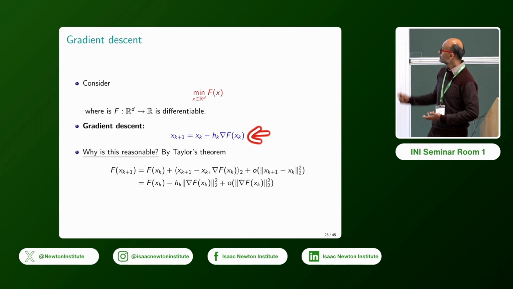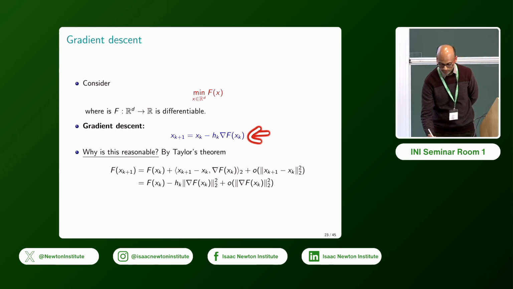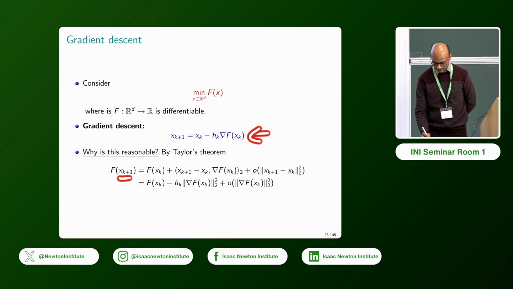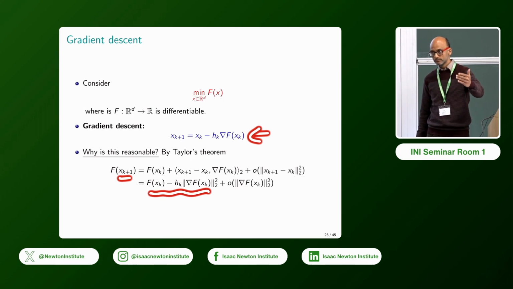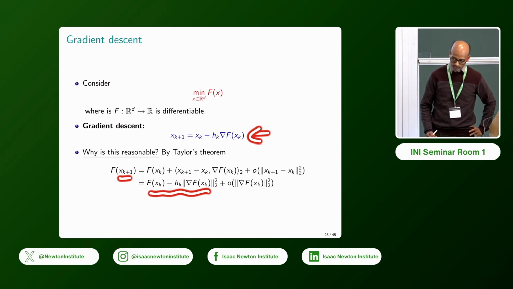This is a reasonable thing to do just by doing a Taylor expansion of this f at x_{k+1}, right? So you can basically see that choosing this type of an update, it basically ensures your function is decreasing at every step, right? So therefore gradient descent is a reasonable thing to do.